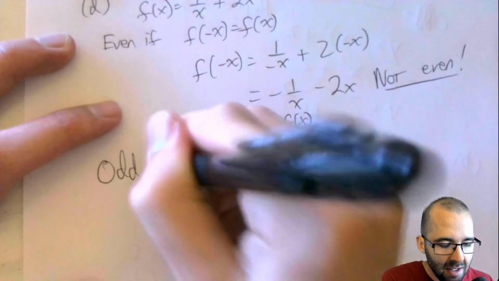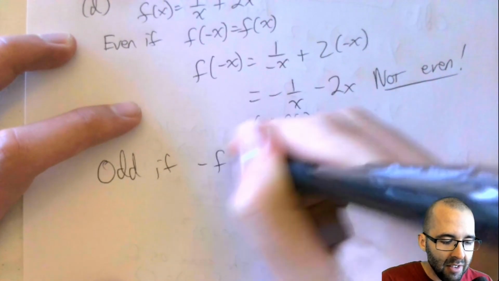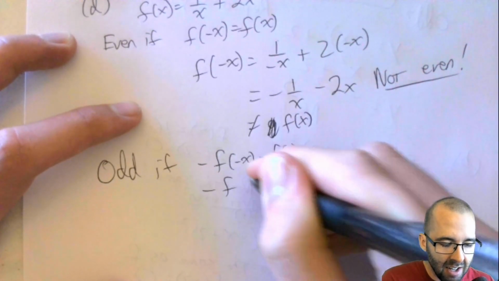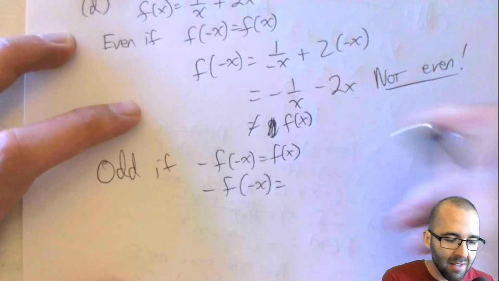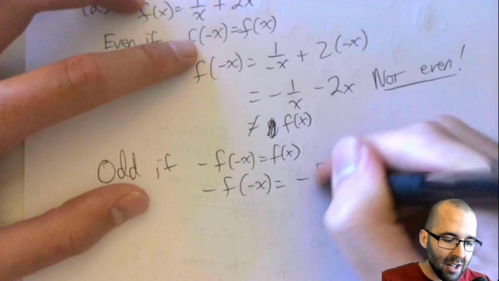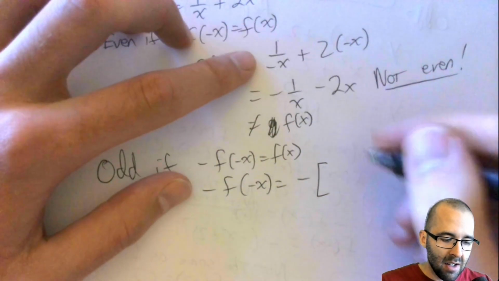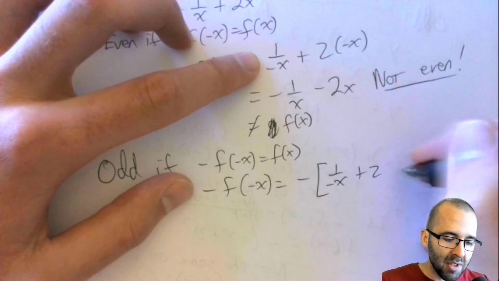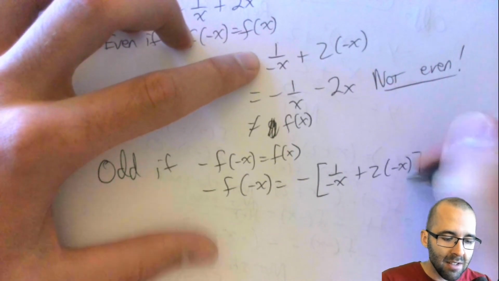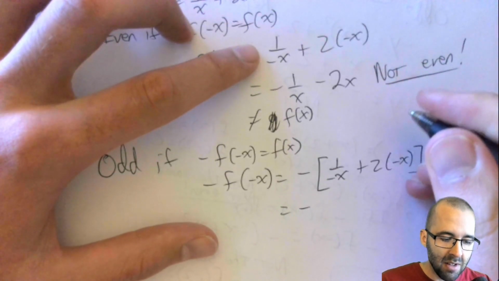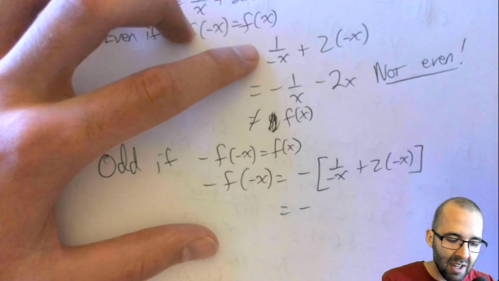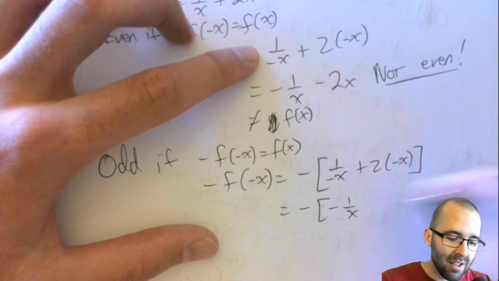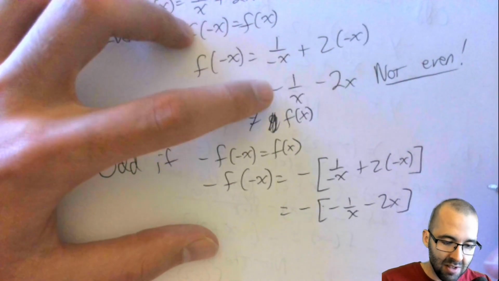And again, it's odd if negative f of negative x is equal to positive f of x. So again, let's calculate negative f of negative x. It's going to be a negative on the outside, and then replace all the negatives on the inside. 1 over negative x, plus 2 times negative x. Just like before, we already found out what f of negative x is. It's going to be negative times negative 1 over x minus 2x, just like before.